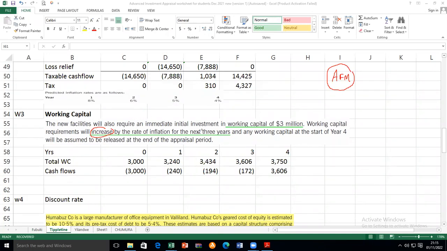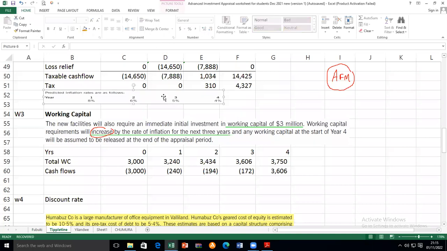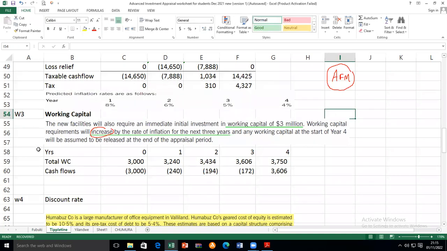Like this one. In some papers, they won't tell you. What they expect is that, look, this person is a professional, a senior finance executive. You must know that there's no way working capital will remain the same if prices are moving up by these percentages.